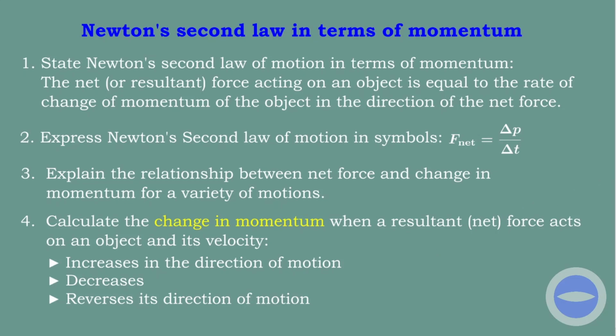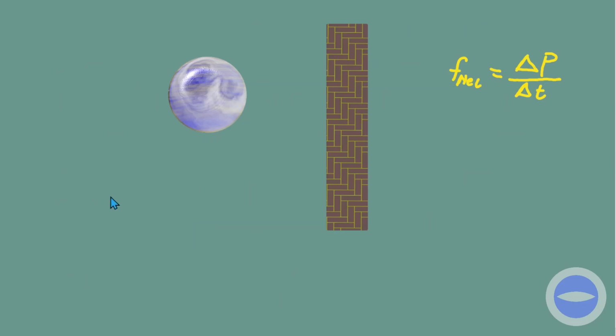So the formula for calculating the change in momentum equals, and then we can say, mass times v final minus mass times v initial.